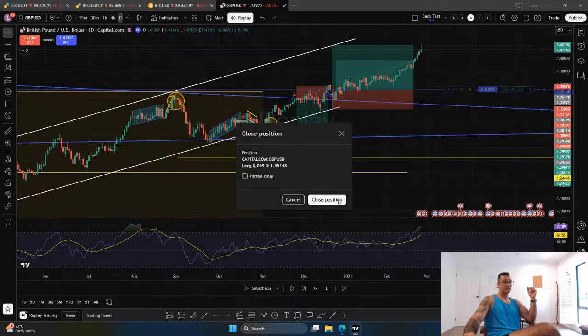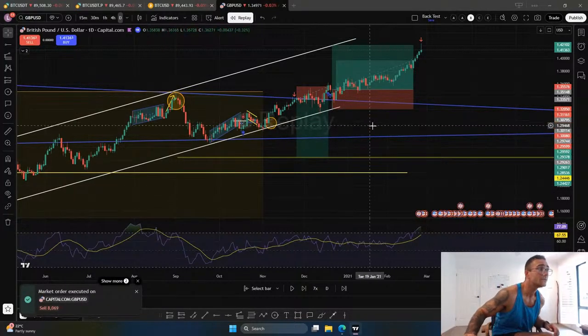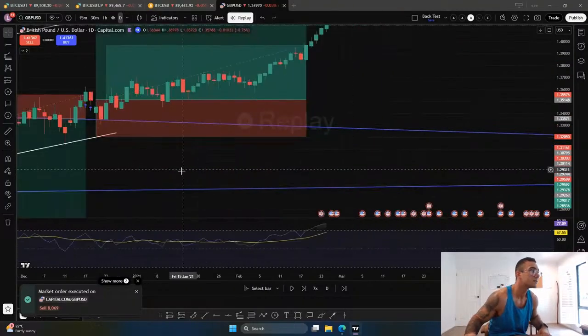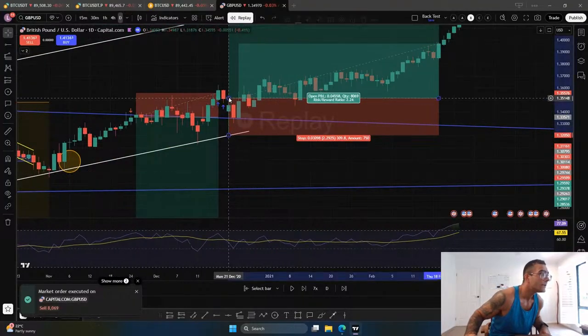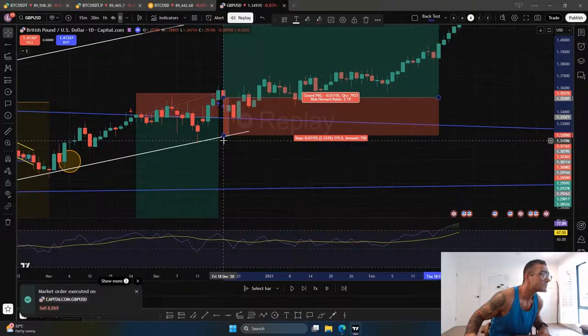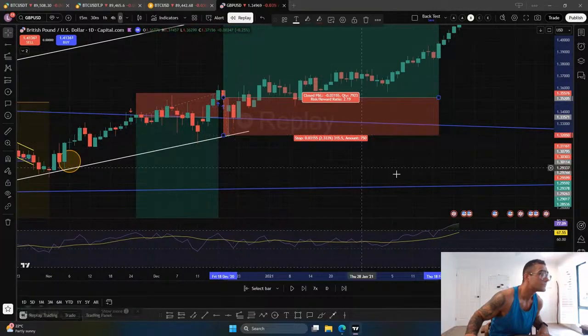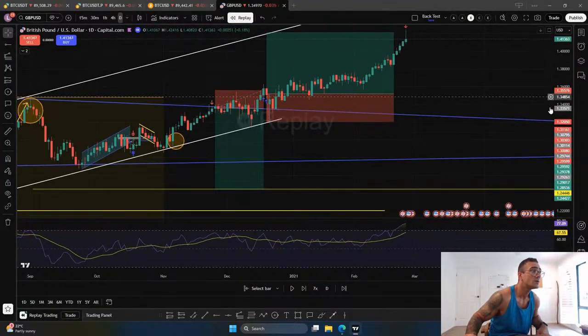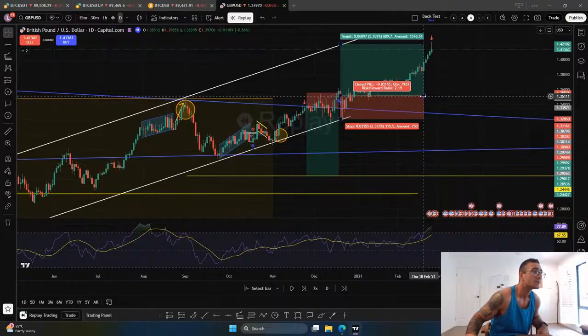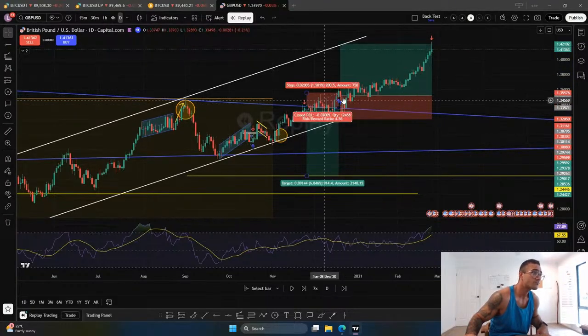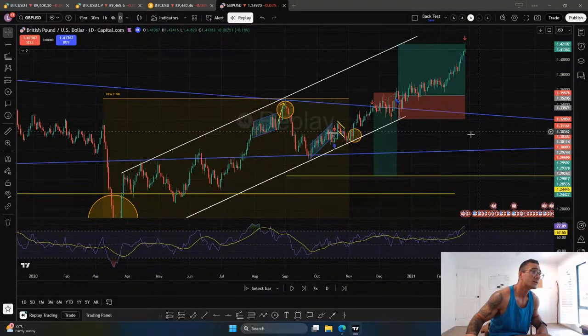I'm going to take this as a loss though, okay? Because if we look closely in here, I entered here and see it stopped me out. It is a 2-to-1, but I have been stopped out. Regardless of the trade, I have been stopped out.